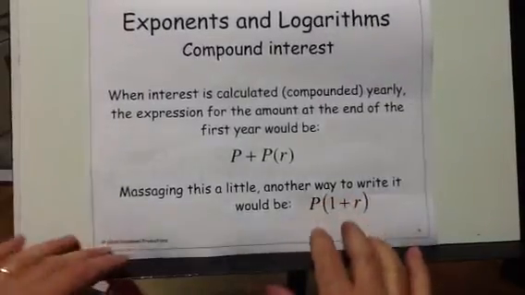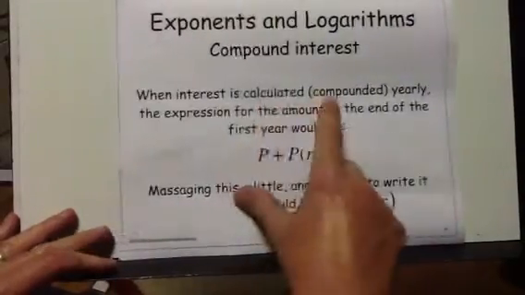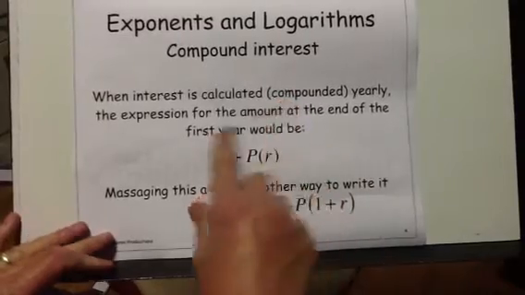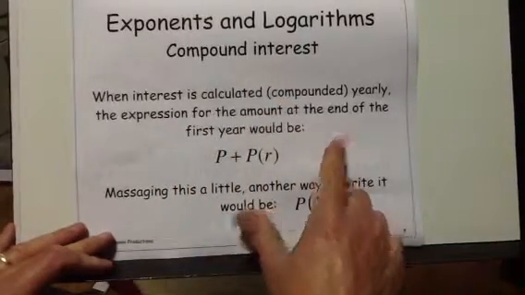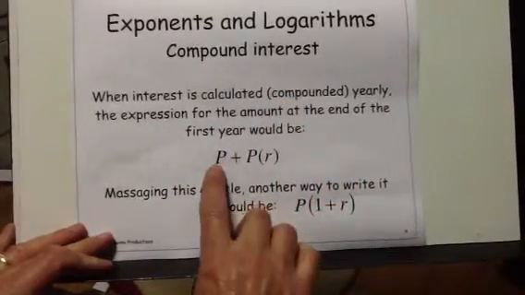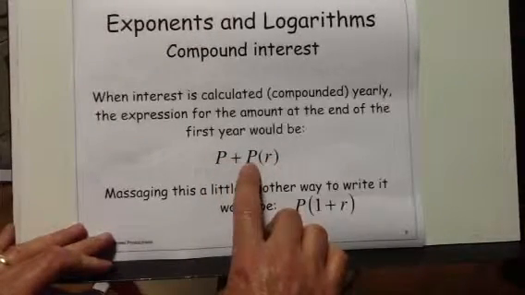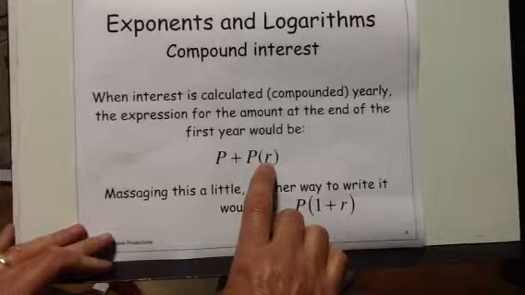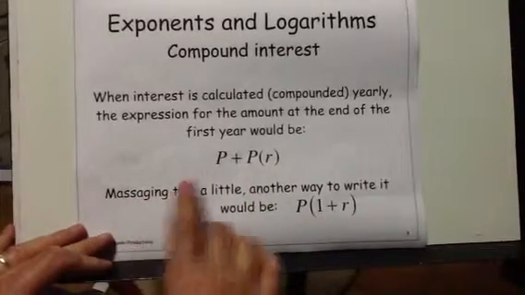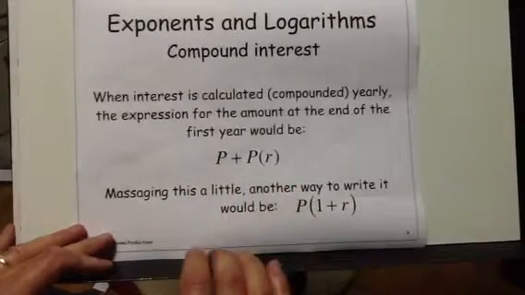When interest is compounded yearly, the expression for the amount at the end of the first year would be the original amount plus the interest on the original amount, R being the interest rate. Okay? So massaging this a little, let's factor a P out of both parts of that.